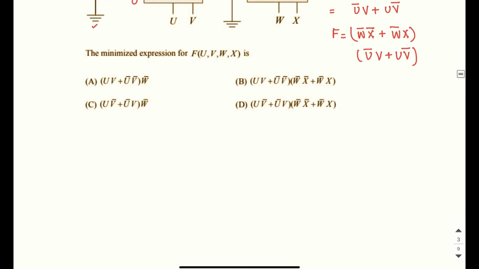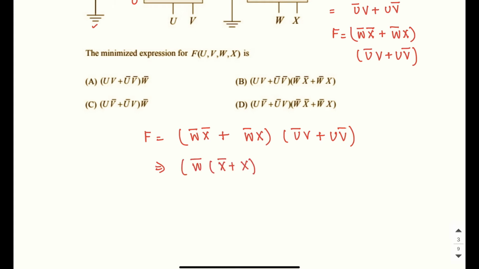So let's solve this expression. We have now F equal to W bar X bar plus W bar X with U bar V plus UV bar. So we open the brackets. We see we can take W bar common from these two terms. So you have X bar plus X, and over here you have U bar V plus UV bar.